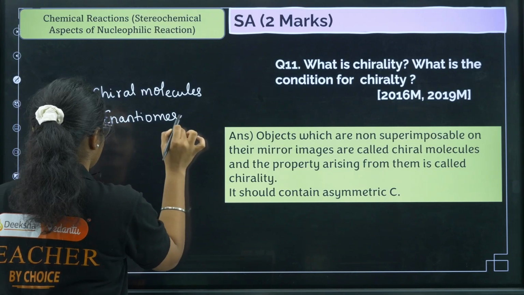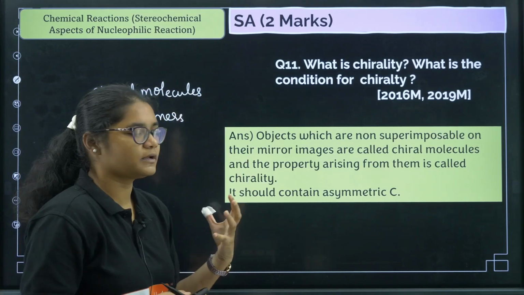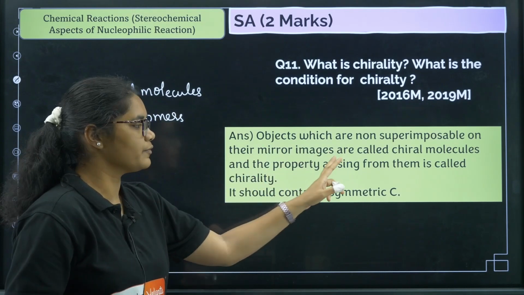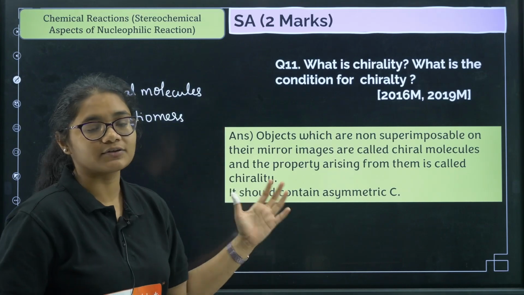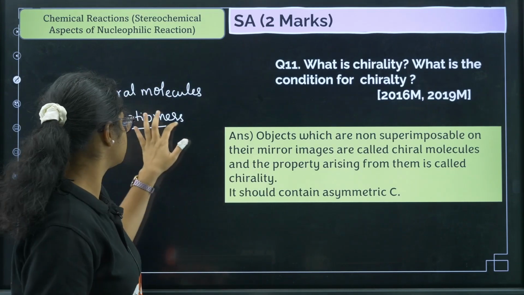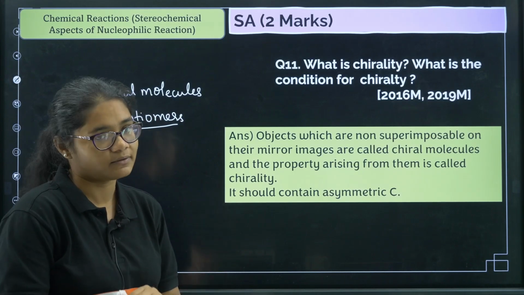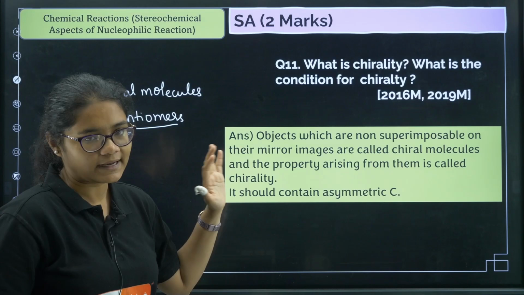Similarly, enantiomers are those isomers which are non-superimposable mirror images of each other, right? So these 2 things you can relate and remember.